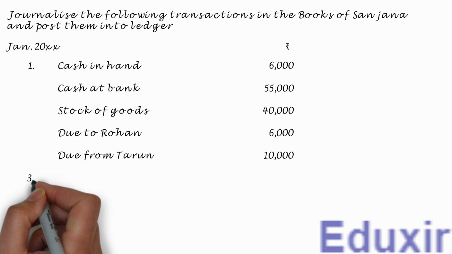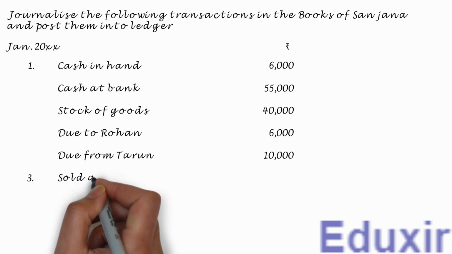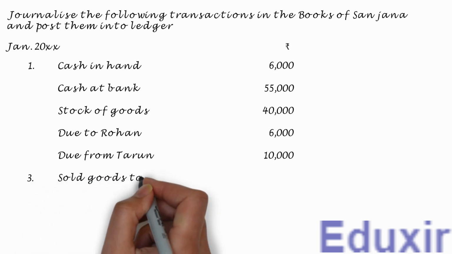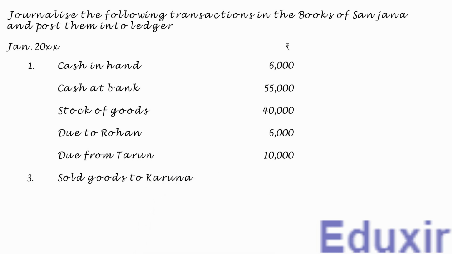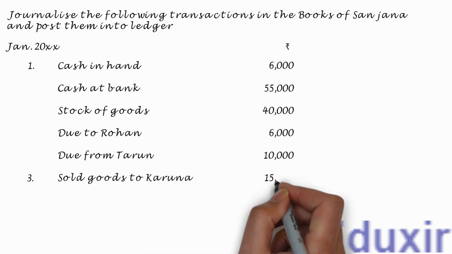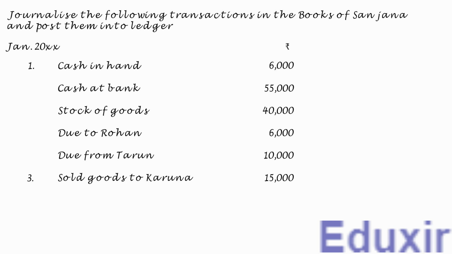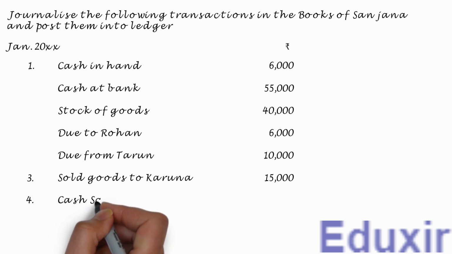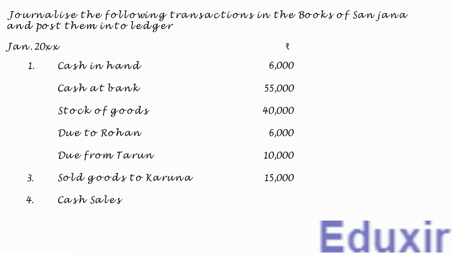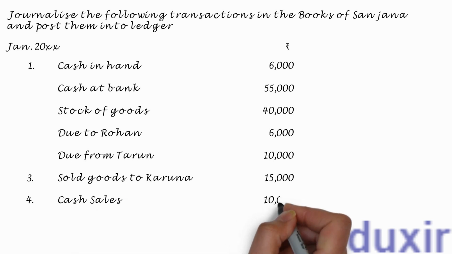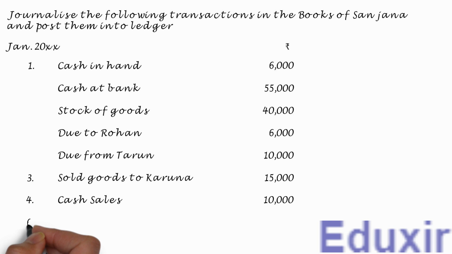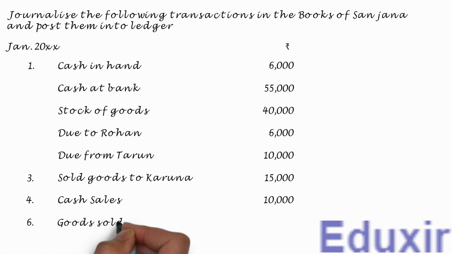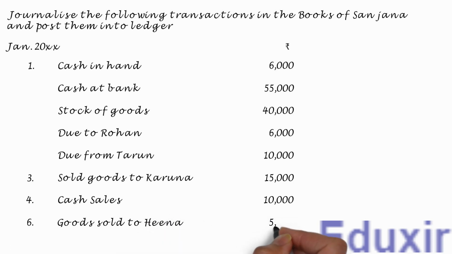On 3rd January, sold goods to Karuna 15,000. On 4th January, cash sales 10,000 rupees. On 6th January, goods sold to Hina 5,000 rupees.